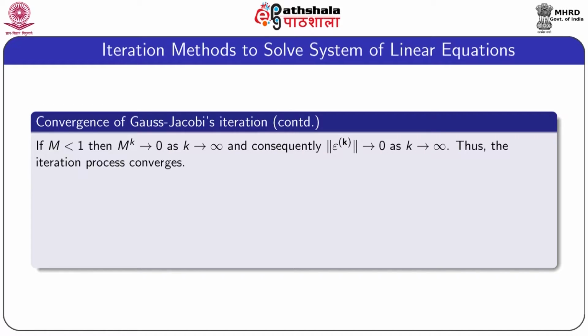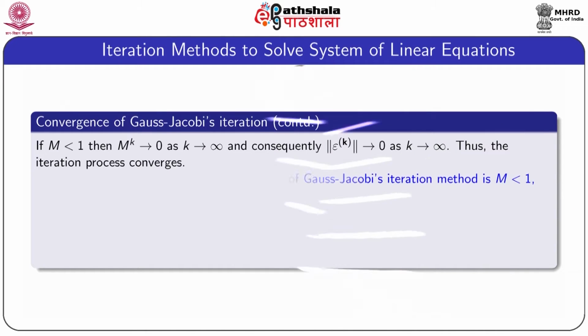Now, if M is strictly less than 1, then obviously M to the power k tends to 0 for large k, and consequently the norm of the error vector at the kth iteration tends to 0 when k tends to infinity. Thus, we can conclude that the iteration method converges if M is less than 1.